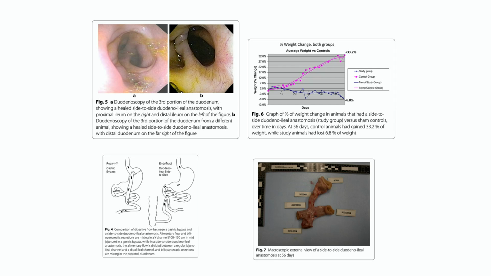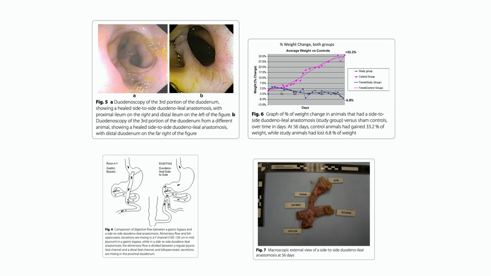You can see here on the first picture, we performed it in the animal because in the pig, the ampulla is right after the pylorus, and you cannot make an anastomosis like in humans between the pylorus and the ampulla. It's just not technically possible.